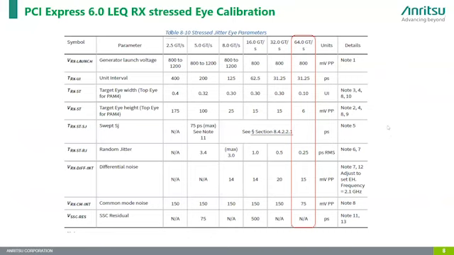This table shows the stress eye conditions. So launch amplitude 800 and 1 UI is 31 picosecond. And you can see the eye height, eye width, and RJ, DM, and CM, and SSC.